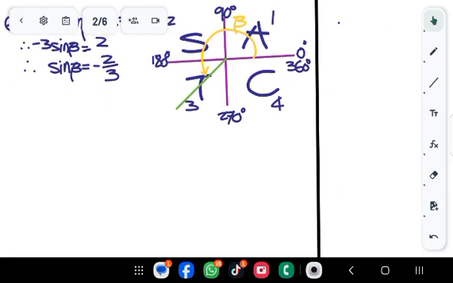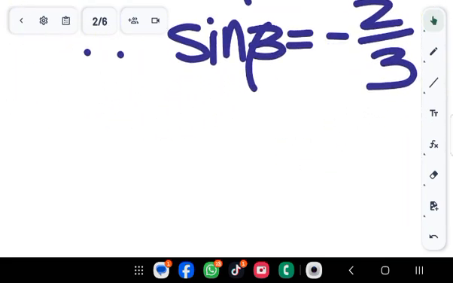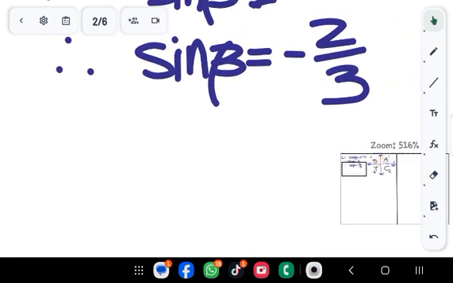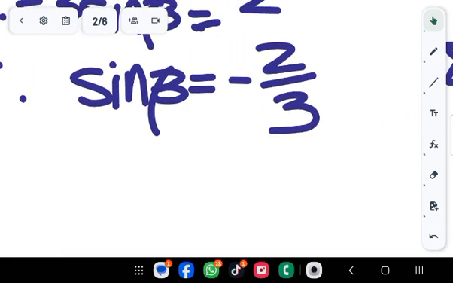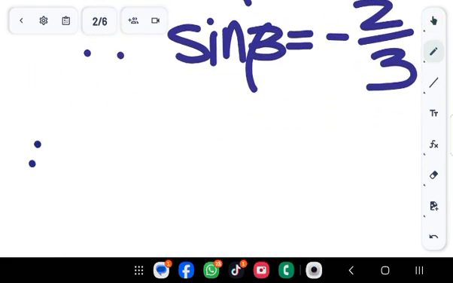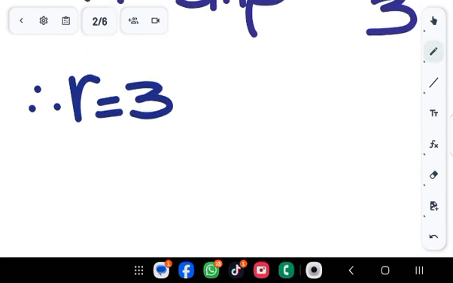Now, we know that sine tells us opposite over hypotenuse. Therefore our hypotenuse is equal to 3. Remember, the hypotenuse is always positive, never negative. And then our opposite is negative.